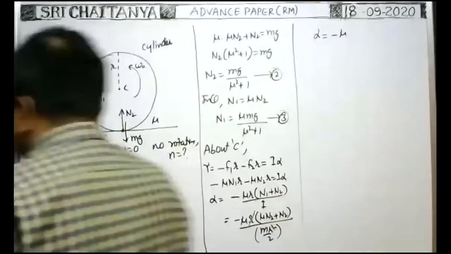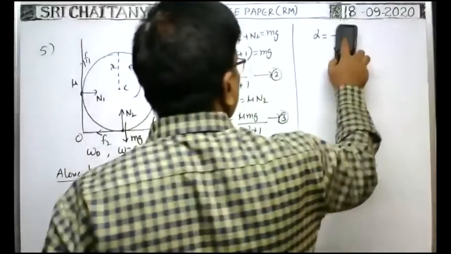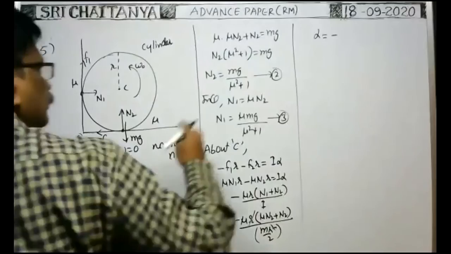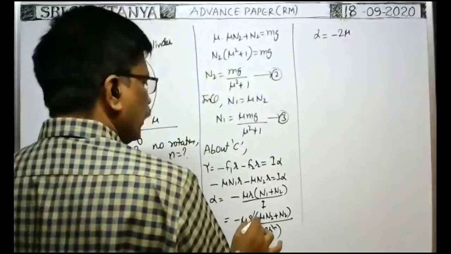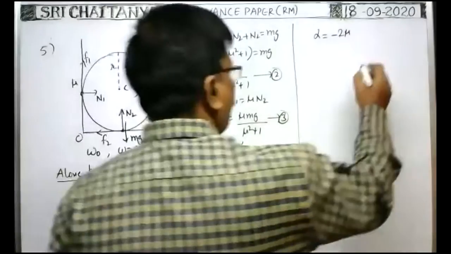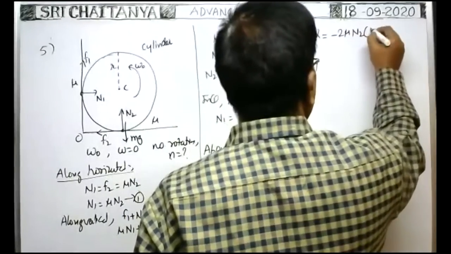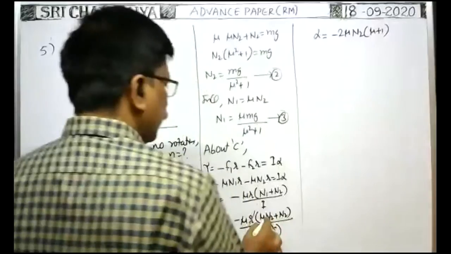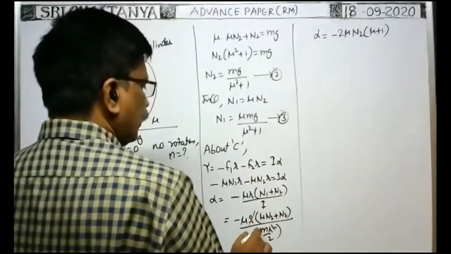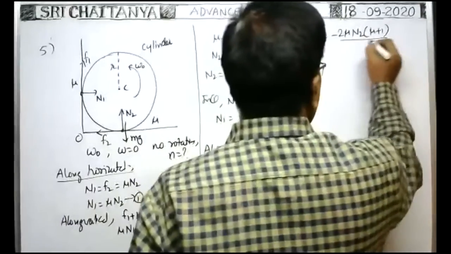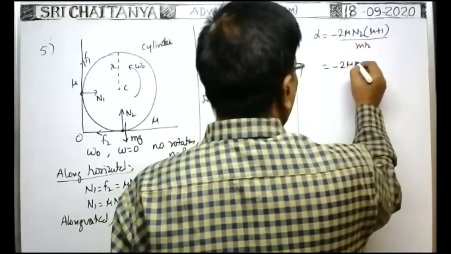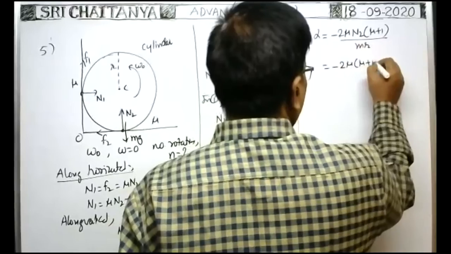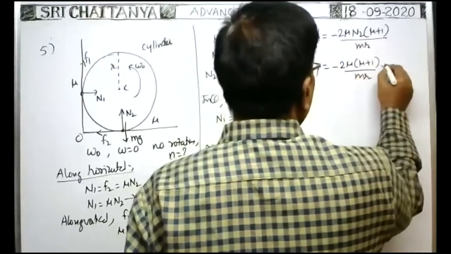So minus 2 mu, taking N2 common, into (mu plus 1), by m into r. So this is equal to minus 2 mu into (mu plus 1) by m r into N2.